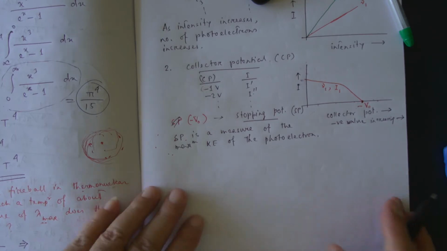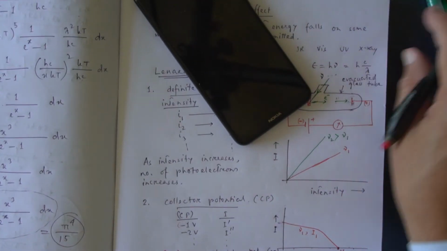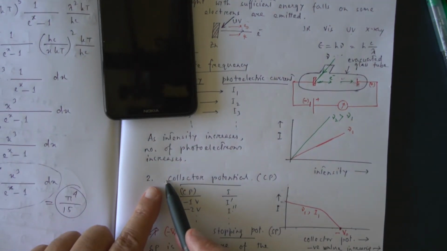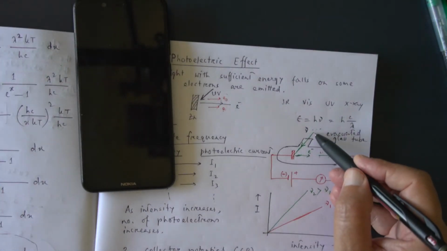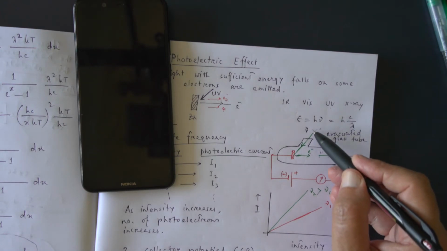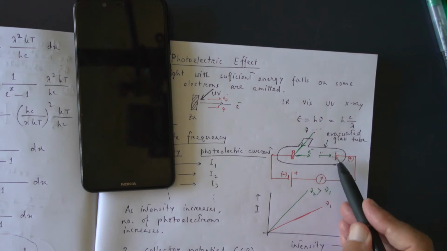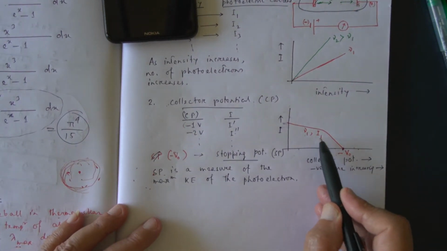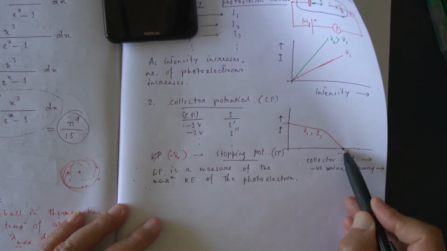Because what Lenard did, number 2, he kept intensity and frequency constant and measured the stopping potential. So with frequency and intensity constant, the stopping potential is this much.